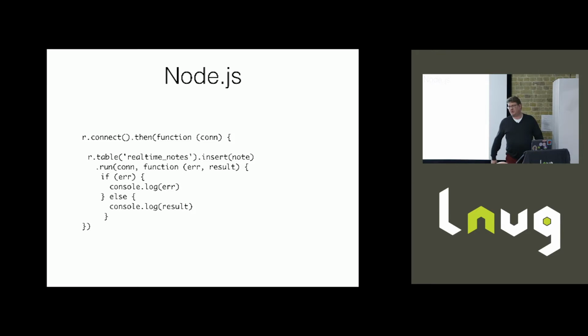So in Node, that is an example of literally inserting a row into a table. That's using promises. It supports both traditional callback and promises constructs. It's quite familiar to people, I think, you'll find.